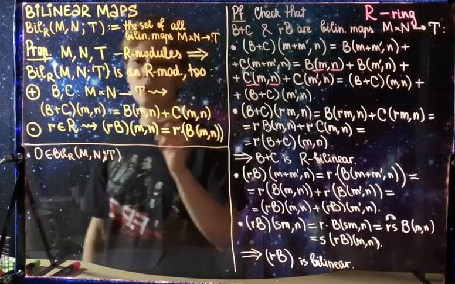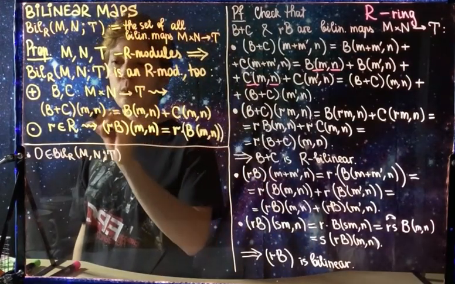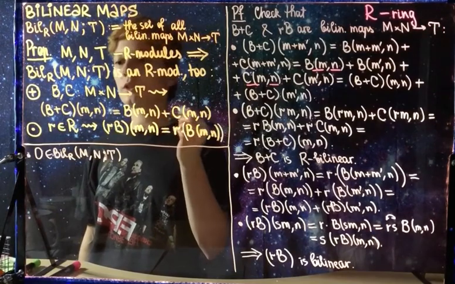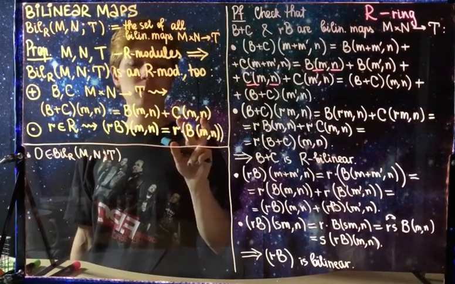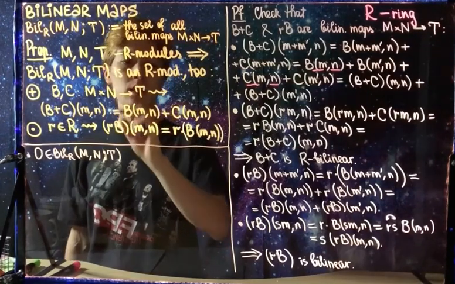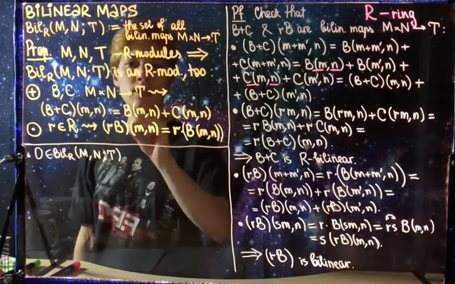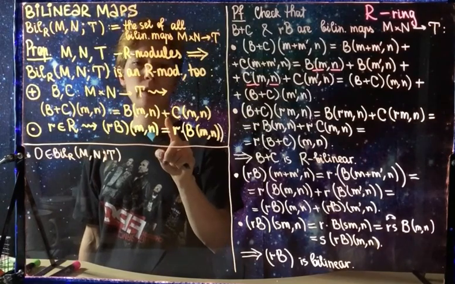And the definition of adding two bilinear forms is commutative, because we can easily exchange these two summands, because the target module T is an abelian group with respect to addition.